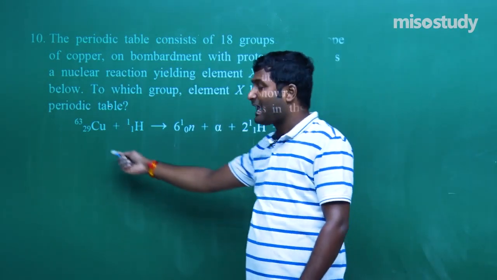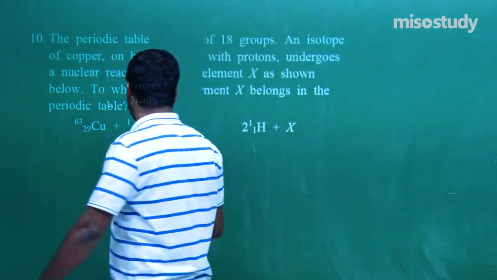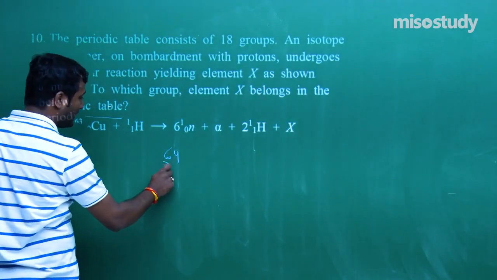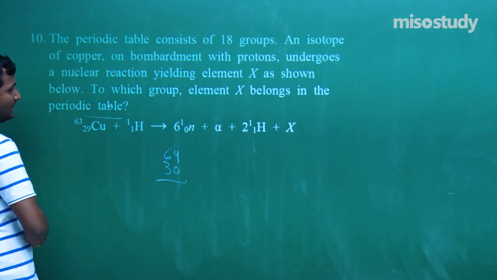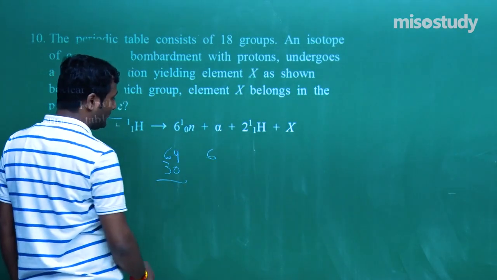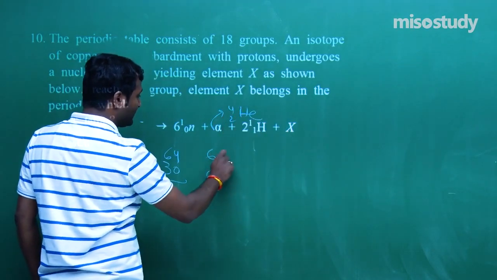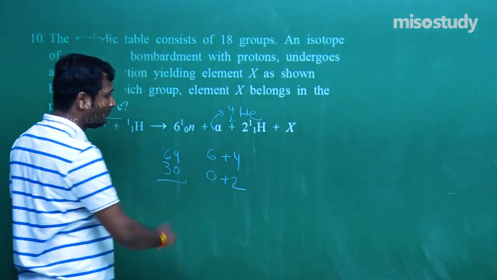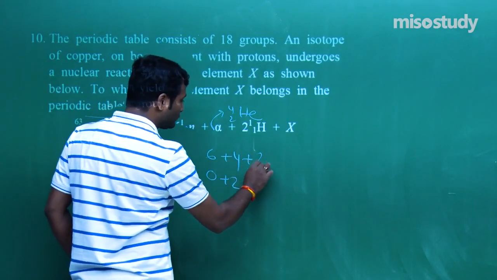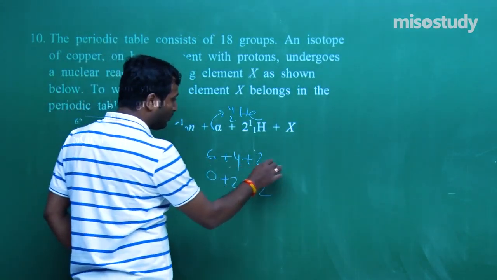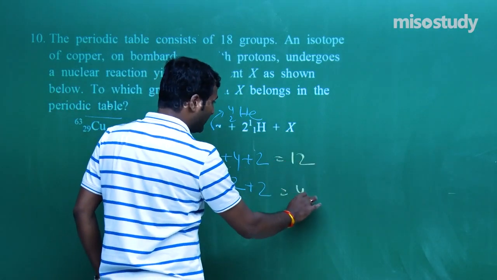Look at the left hand side, there is 63 plus 1, 64 total, and 29 plus 1, 30. Now here 6. Clear? And 0. Alpha we know is 4 and 2 He. 6 plus 4, 0 plus 2 balancing. Now 2 plus 2, here is plus 2. Now add them, 6 plus 4 plus 2 is 12, and 2 plus 2, 4.